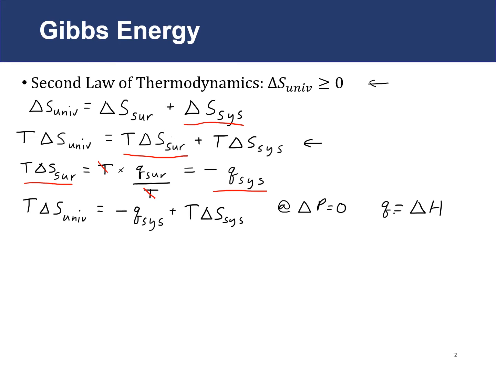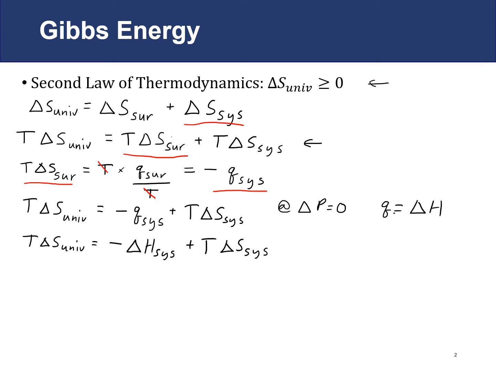So as long as we're working under conditions of constant pressure, we can replace our Q system with delta H system. This gives us temperature times the change in entropy of the universe is equal to minus delta H of the system plus T delta S of the system.